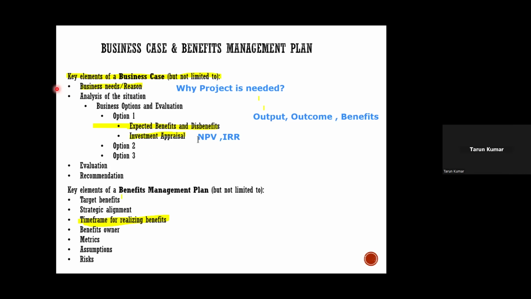Suppose the projected profitability of option 1 is 5, option 2 is 3, and option 3 is 4. You will be selecting option 1 because it has the highest projected profitability or net present value. So, NPV and IRR in case of commercial projects.